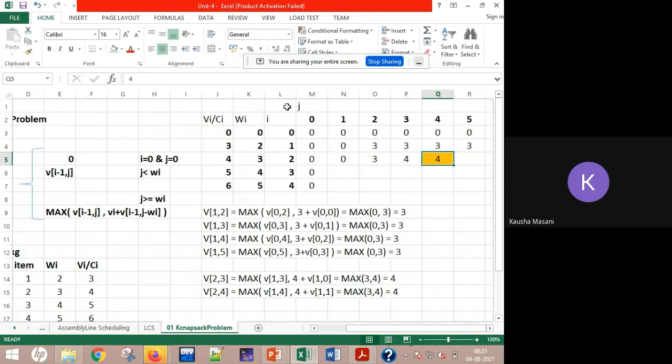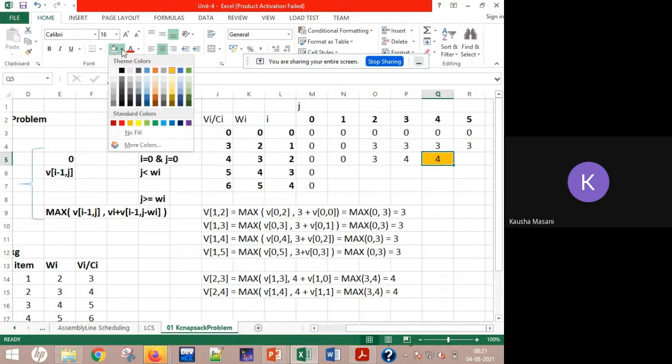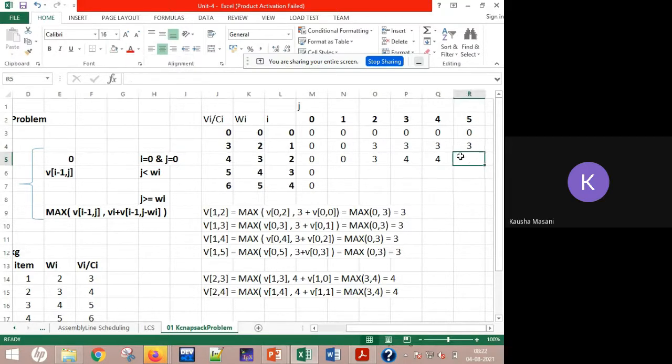Compute for 2 comma 5. What is the answer? Tell me. Are you guys getting 7? 7 is the answer, Dhruvil is telling me. Verify, everyone.